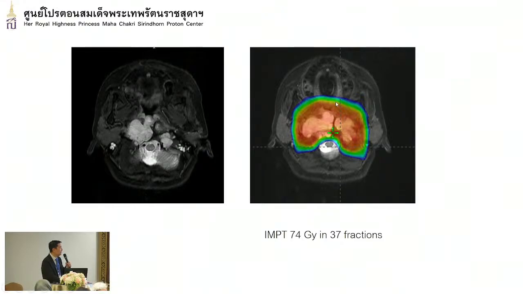This area is the area where the patient receives a dose of 74 gray. For the surrounding tissue, the brainstem can tolerate only about 54 gray, while the spinal cord can tolerate a dose of 45 gray, something like that.